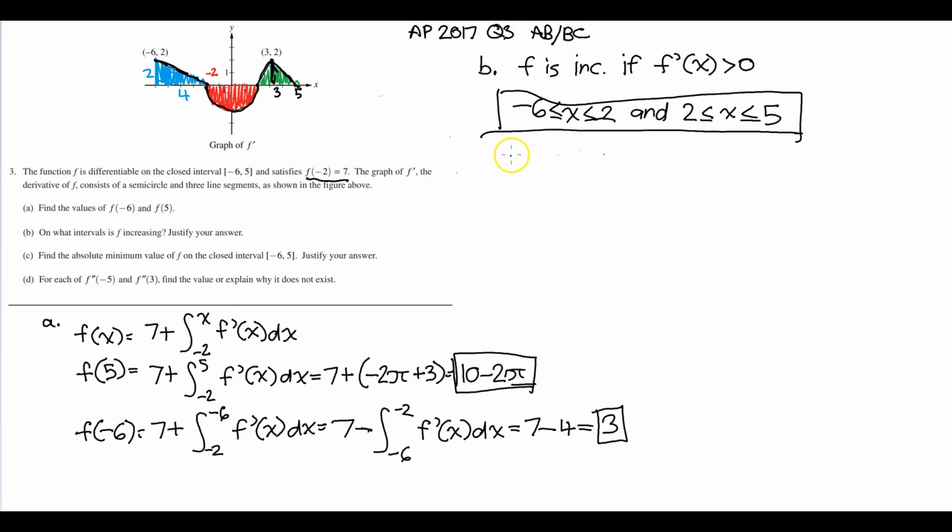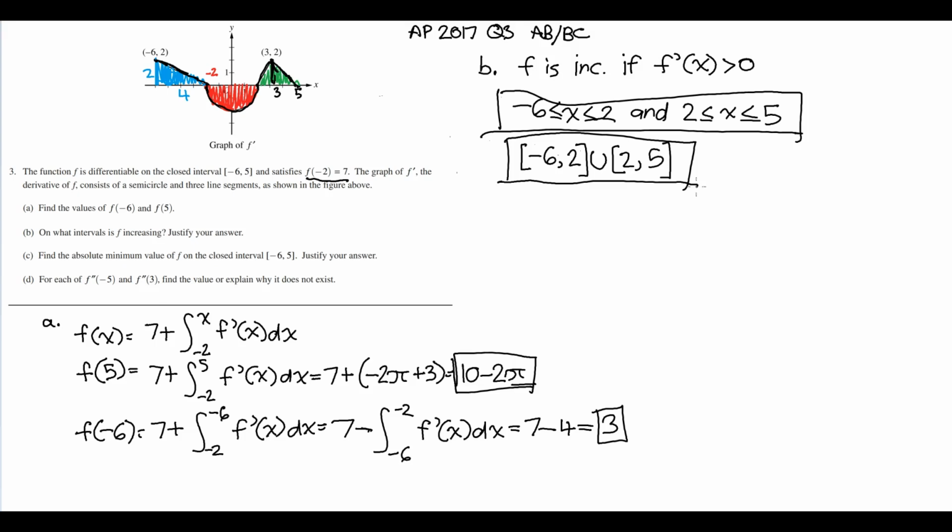So you write in interval notation, -6 to 2, and 2 to 5. So for all x's that are in these intervals, f will be increasing.